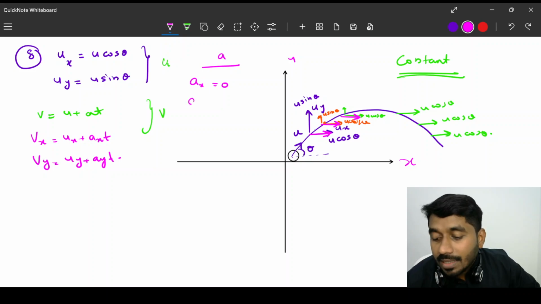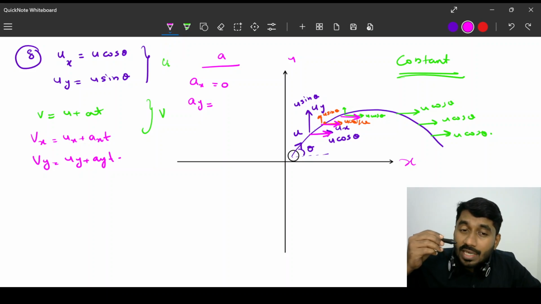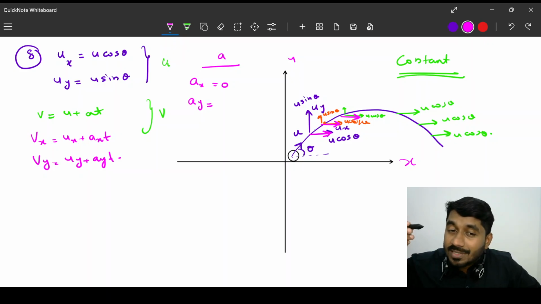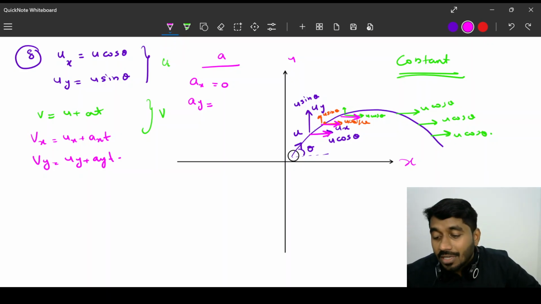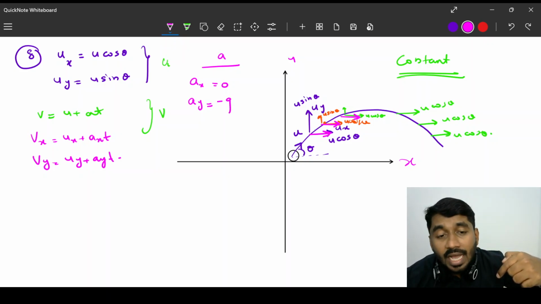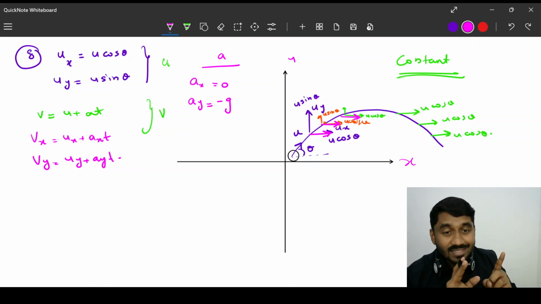But the y component of the velocity keeps changing. When the ball is going up, u sin theta keeps changing until it is 0, and again it is coming down. So all the time the acceleration is acting downward, and we take it as acceleration due to gravity. It is minus g. I hope we got the 6th equation.